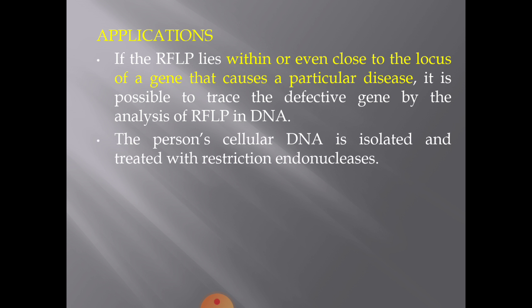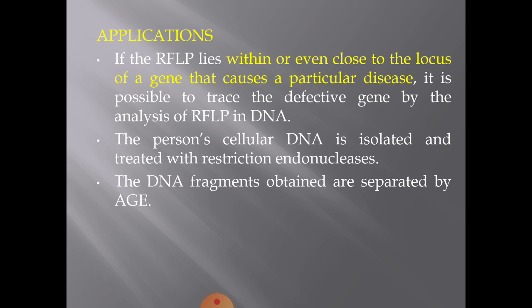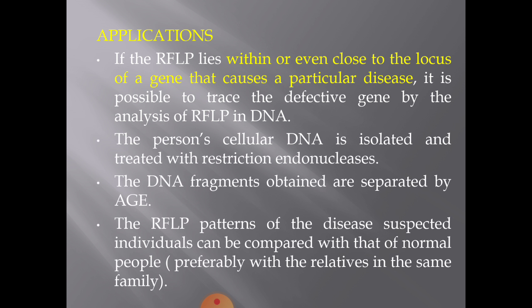So what you have to do is, the person's cellular DNA is isolated and treated with restriction endonucleases. Then the obtained DNA fragments are separated by AGE. The RFLP patterns of the disease-suspected individuals can be compared with those of normal people.